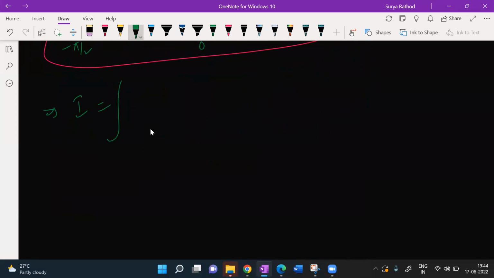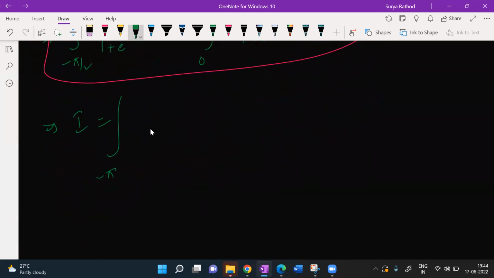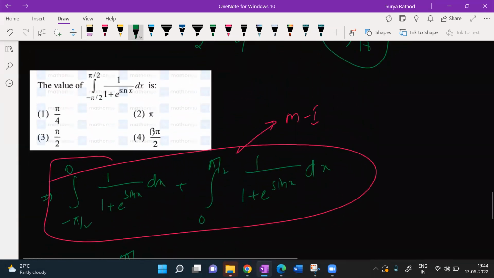So let us consider the given integral as I. Integral from minus pi by 2 to pi by 2 of 1 by 1 plus e to the power of sin x dx. If I'm not wrong, this is the integral given.